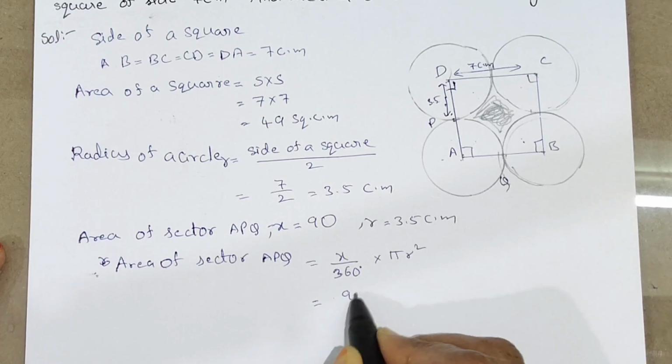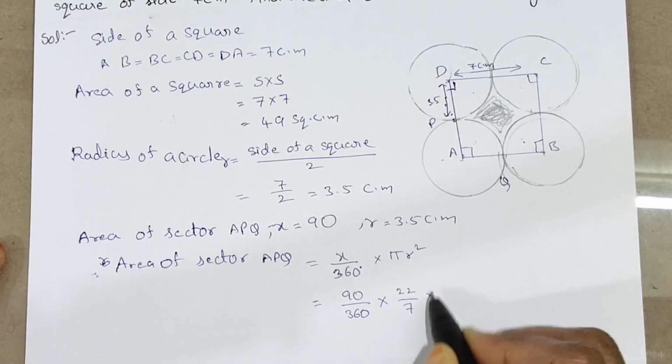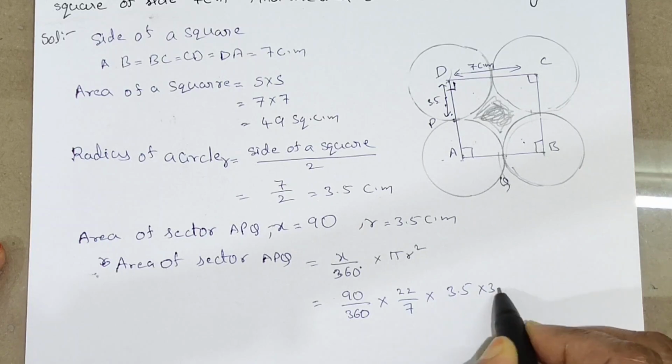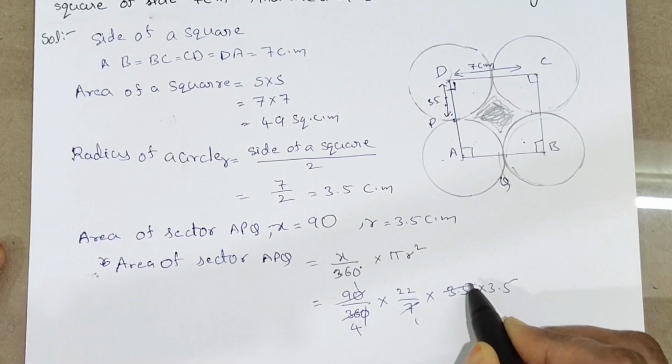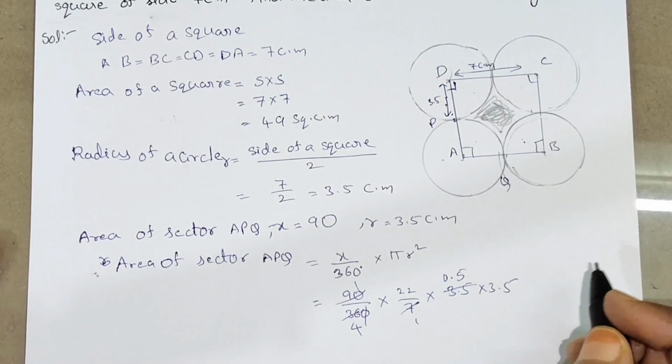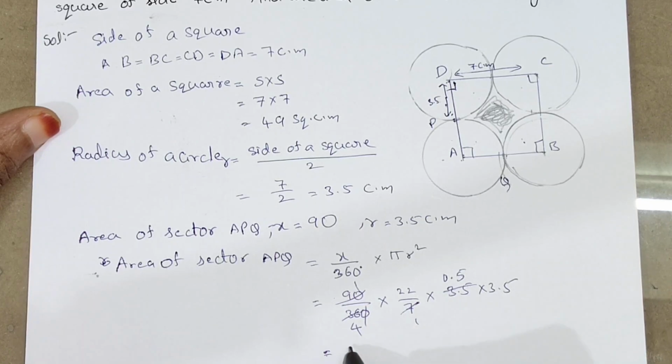So 90 by 360 into pi, which is 22 by 7, into 3.5 into 3.5. The zeros get cancelled, 9 fours are 36, so we get 0.25, and 7 ones are 7. Now multiply 22 into 0.5 into 3.5.